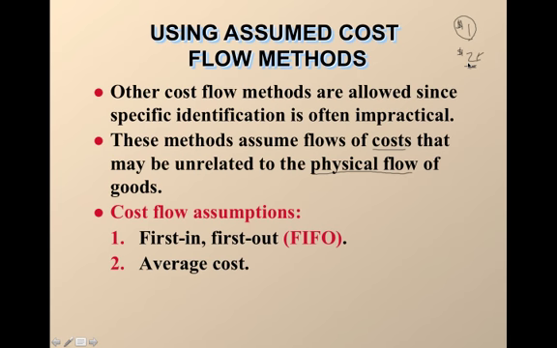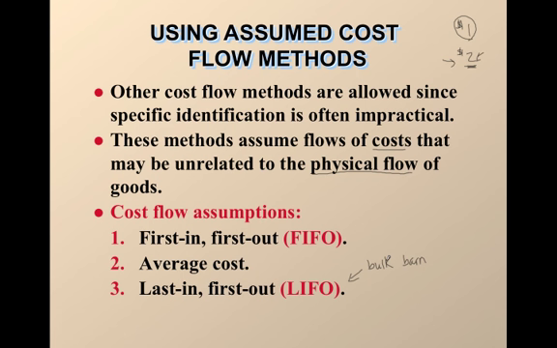There is an average cost method, and there also was a last in, first out method, which was the opposite, where we would assume the last ones in were the first ones out. This would work really well in a bulk barn situation where you fill up the bin with the product and the customer scoops the top ones off, so the last ones in are going to be the first ones out.